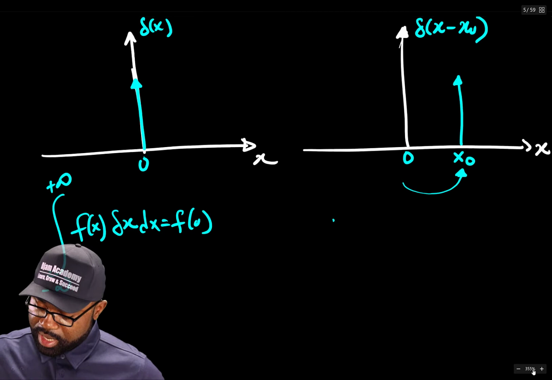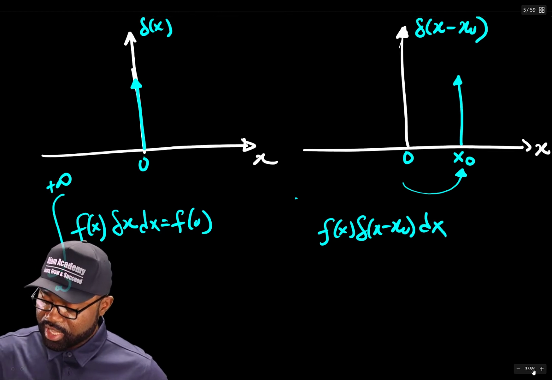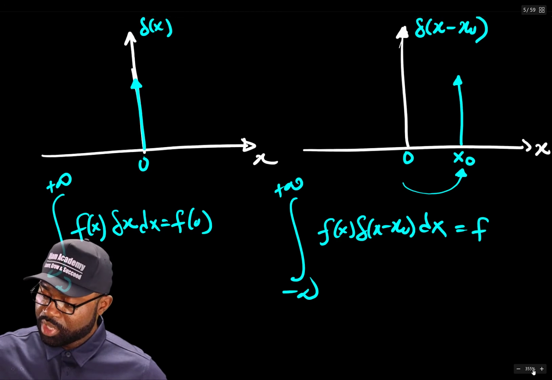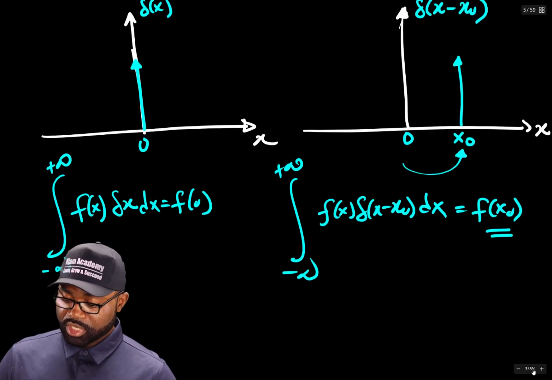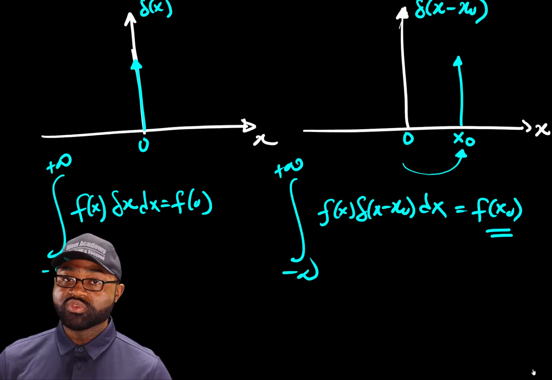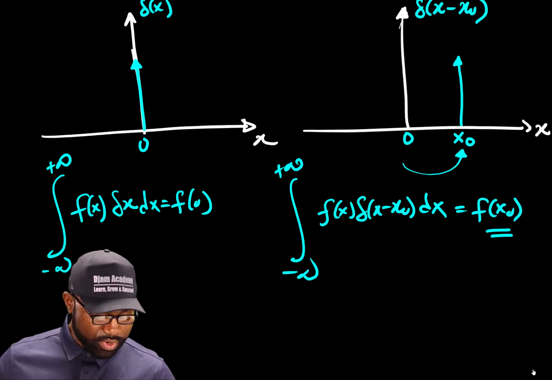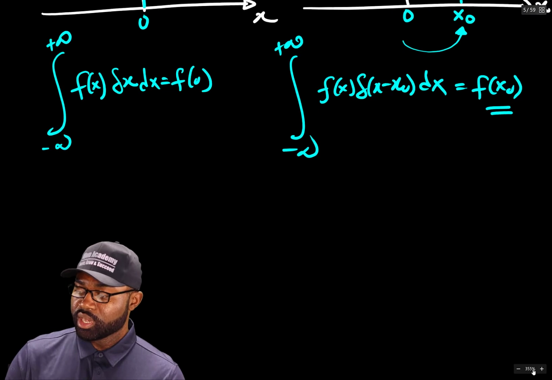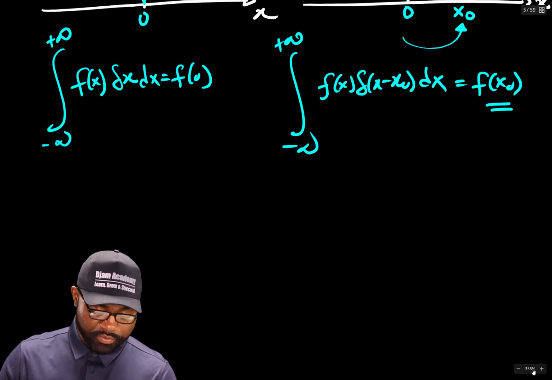But if you multiply f of x by delta(x minus x naught) dx and integrate across all points in space, you will pick up the value of that function at x naught. These concepts are really important in sampling, and we're going to actually discuss this in the future.